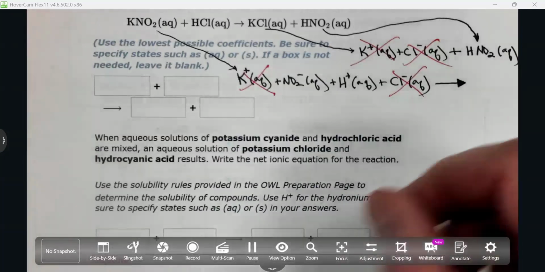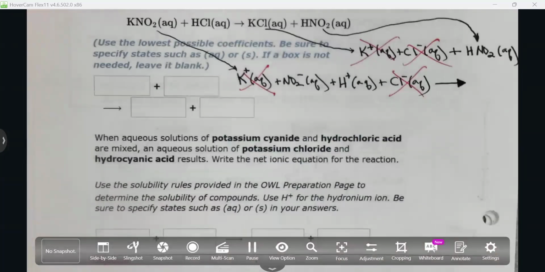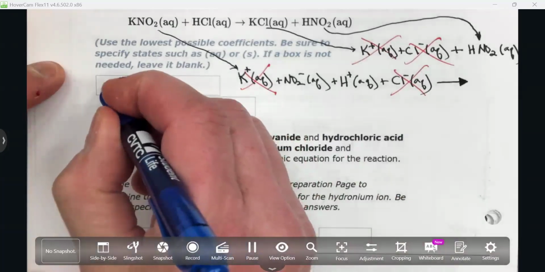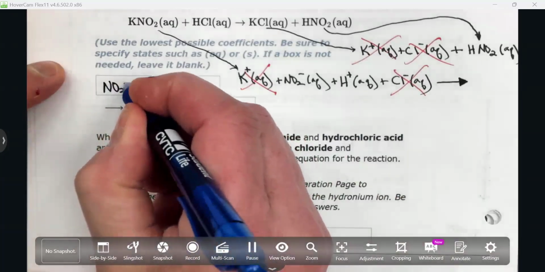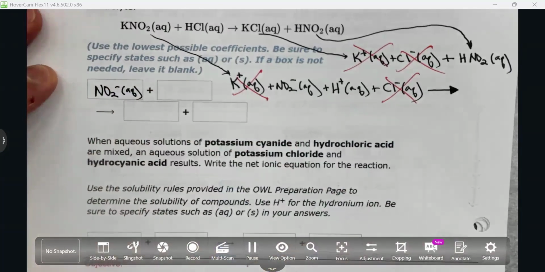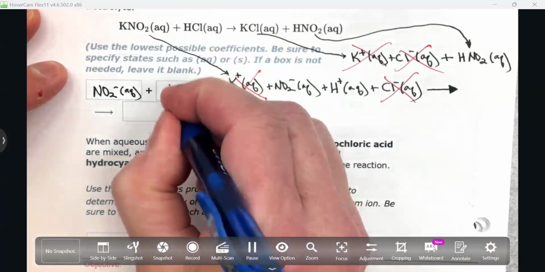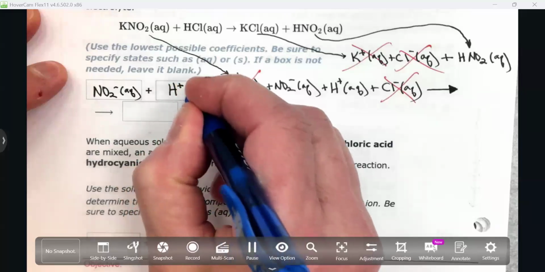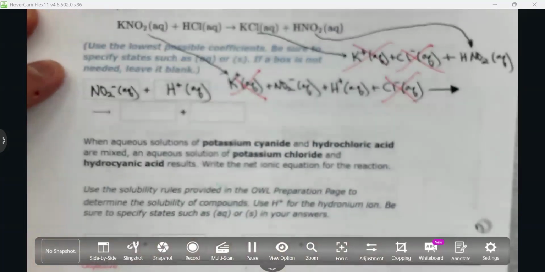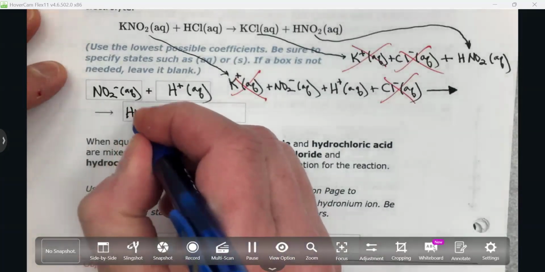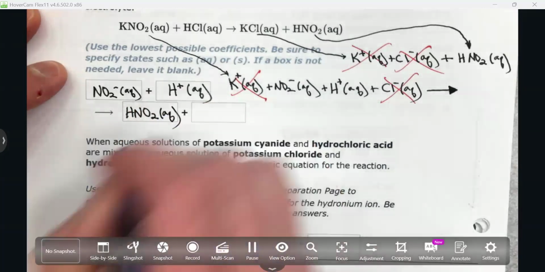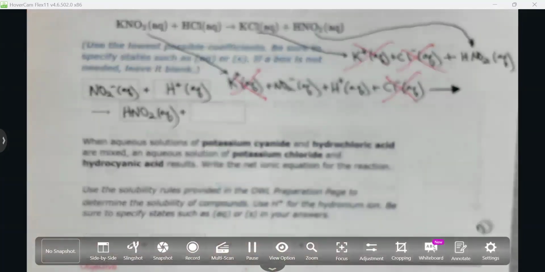And that is NO2 minus plus H plus, and you end up with HNO2. It's still in water solution, but it's not a solid.